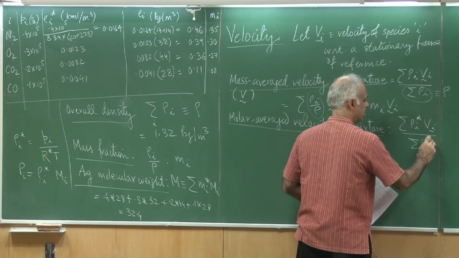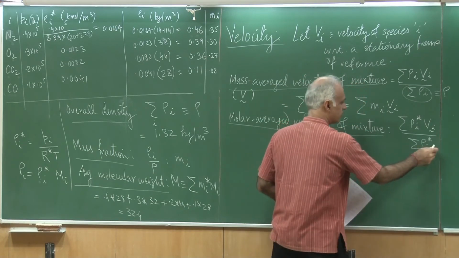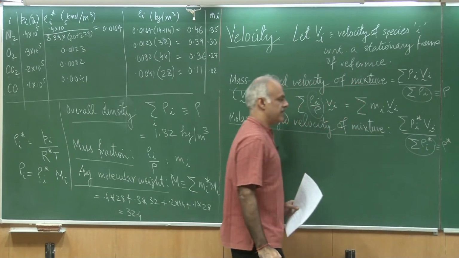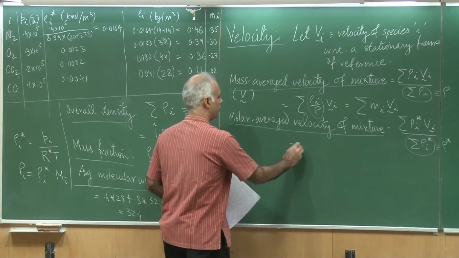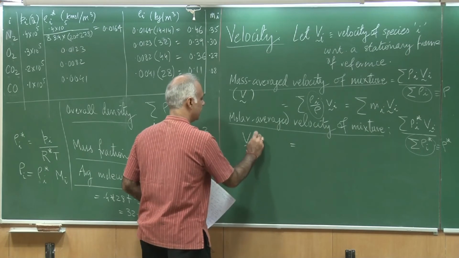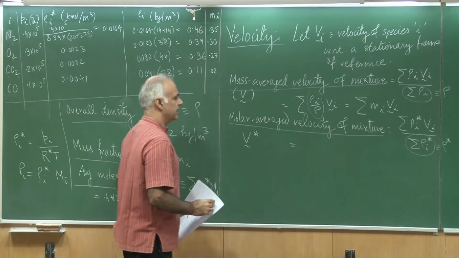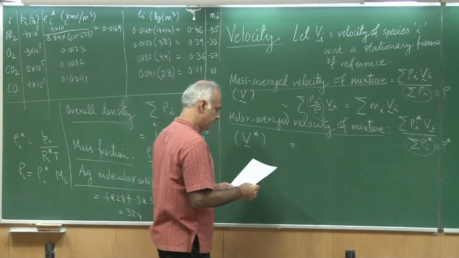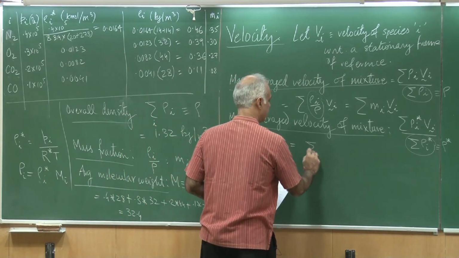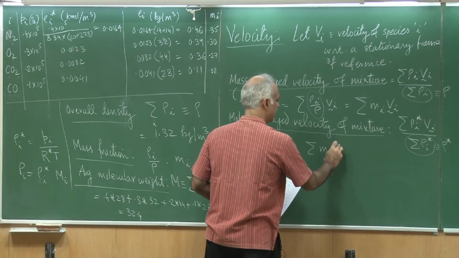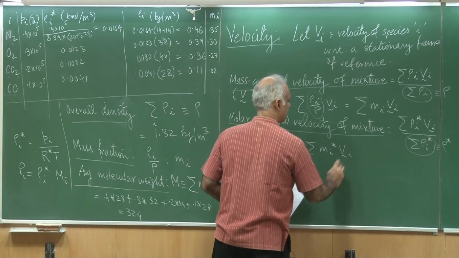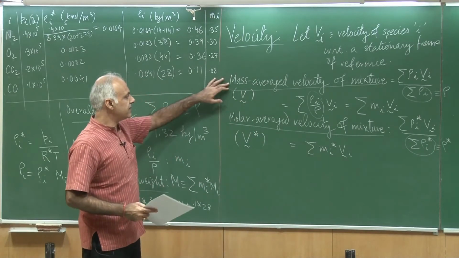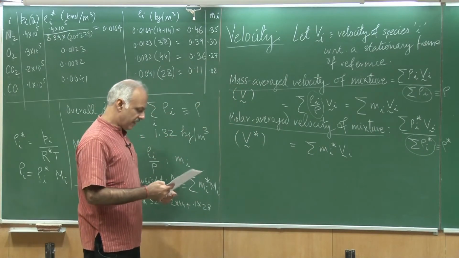So this is rho I star, and this quantity we have called rho star. So therefore, if I denote the molar averaged velocity of the mixture, this is going to be given as summation Mi star times Vi. So I have talked about a mass averaged velocity and a molar averaged velocity.